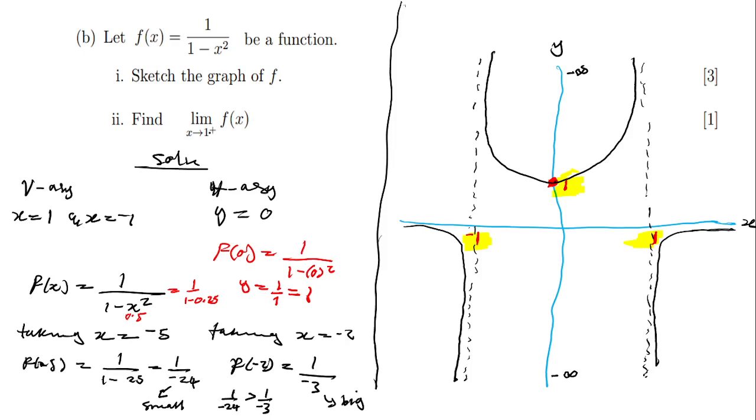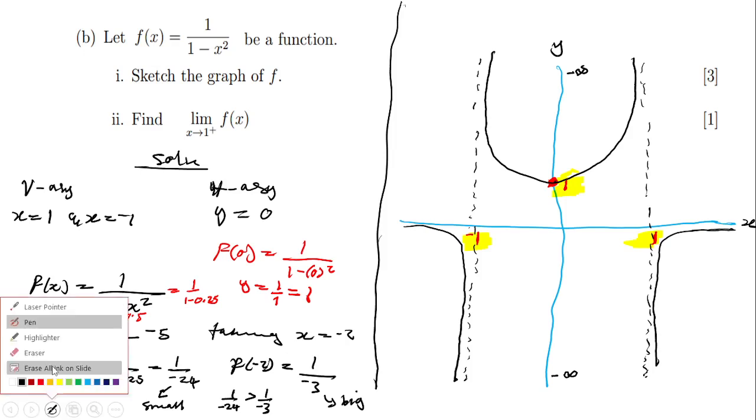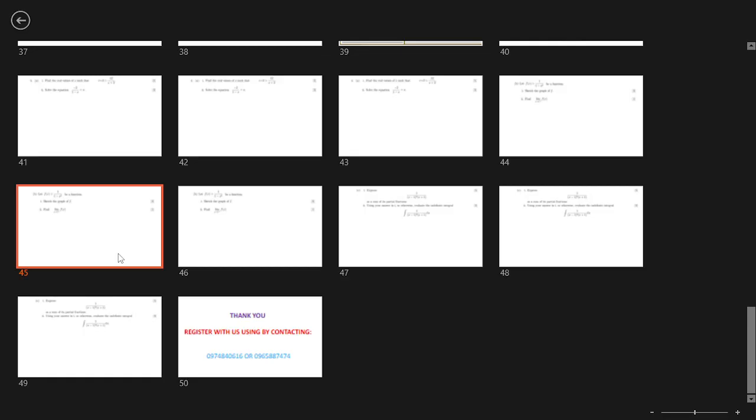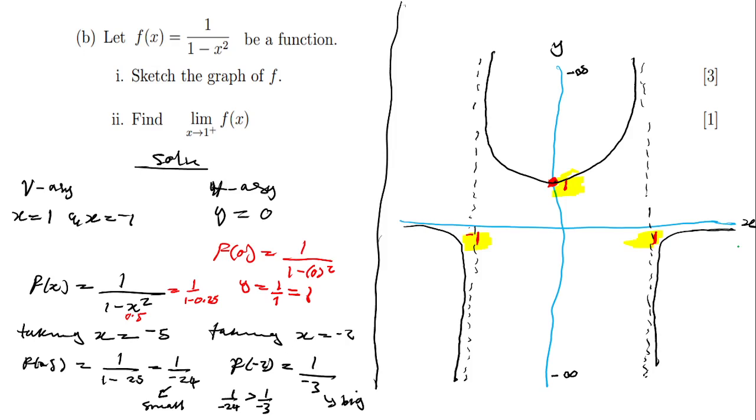Approach 1 from the positive side. So this positive here is telling you from the positive side. If I was to be approaching this graph from the positive side, so as I am going this side, ladies and gentlemen, follow me very well. As I am going this side, approaching this one, because they are telling me from the positive side, and then you approach 1 as your limit, what I'm finding is that this y is becoming negative infinity.